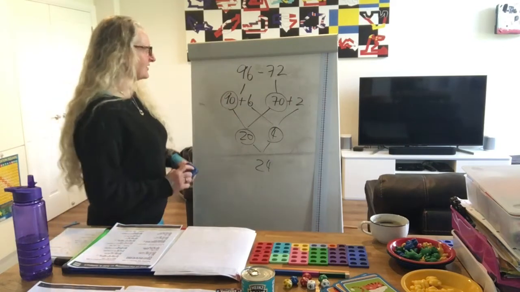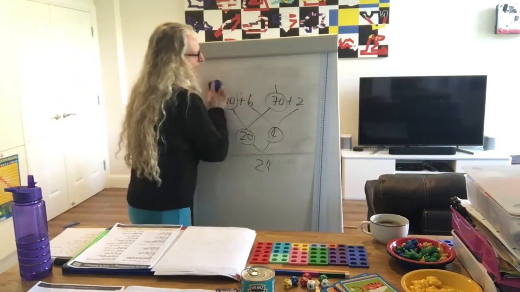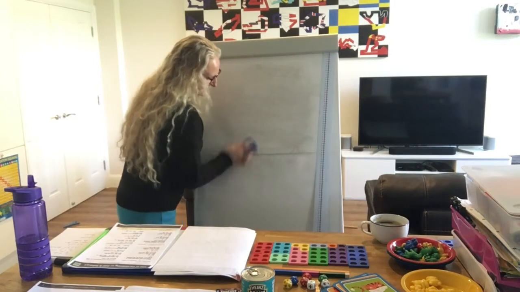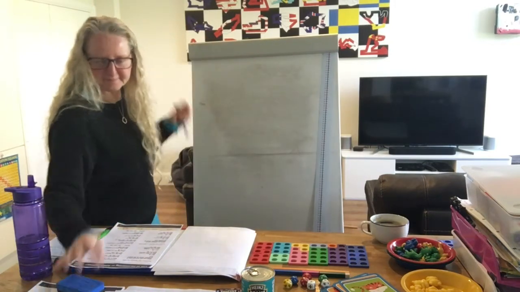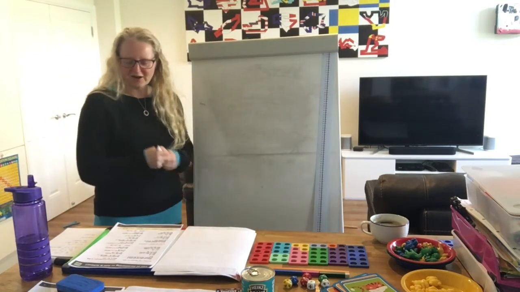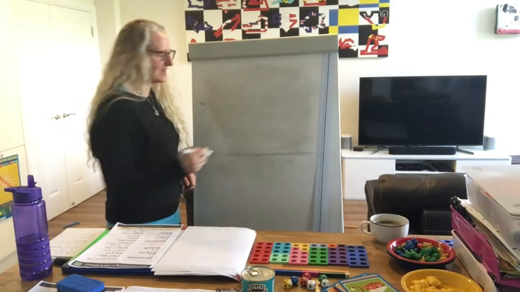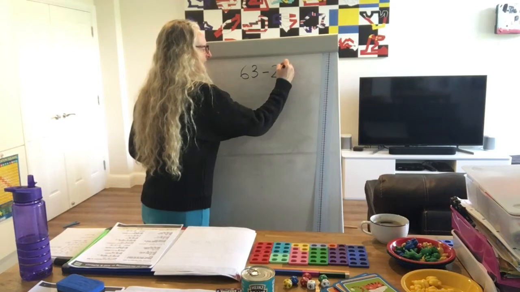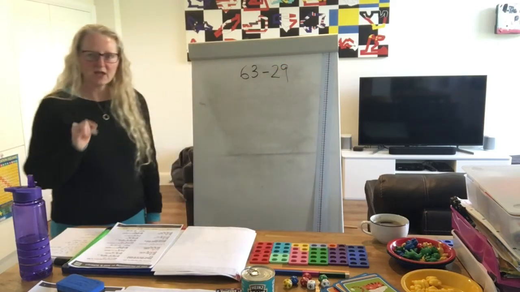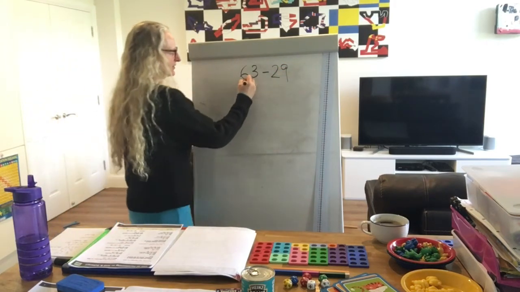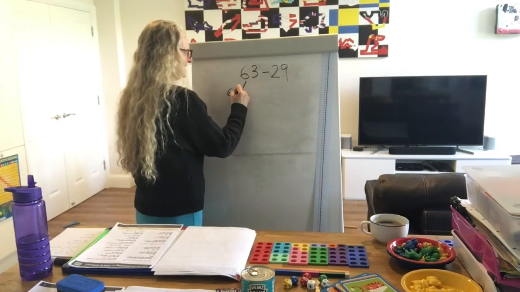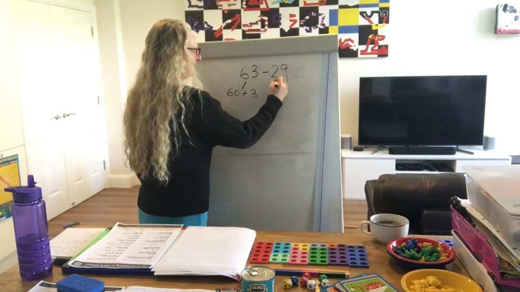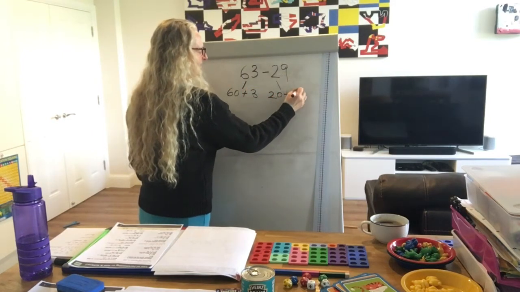Right, so there you go, there's subtraction. Now, those amongst you might be saying, I've got a question about this. So here's the one I always demonstrate, 63 minus 29. I'm going to do it the same way as I started, 60 plus 3, 20 plus 9.